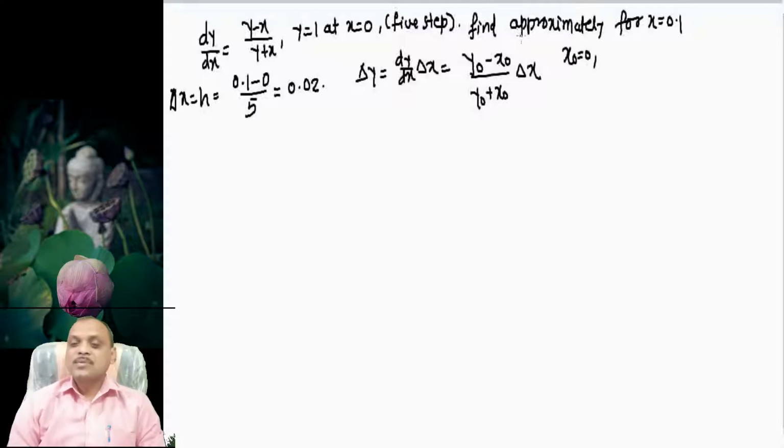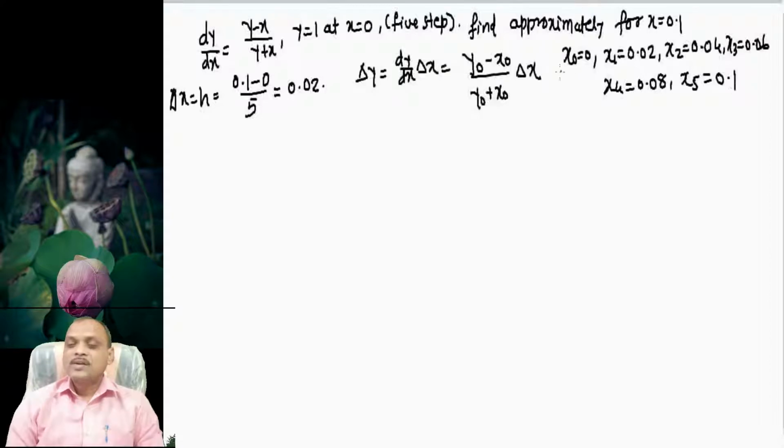Now we have to find up to 5 steps. So x1 equals 0.02, x2 equals 0.04, x3 equals 0.06, x4 equals 0.08, and x5 equals 0.1. This is the value required to initiate the solution. Now for the first step we need delta y. What is our y0?